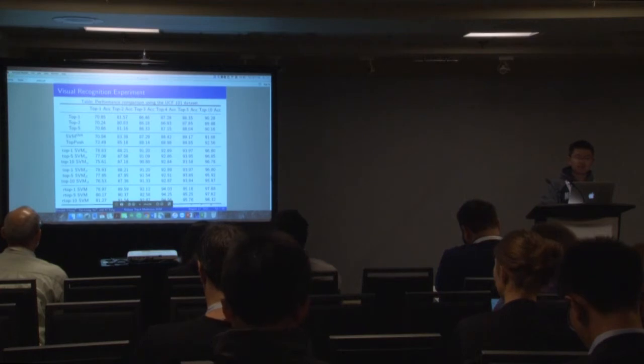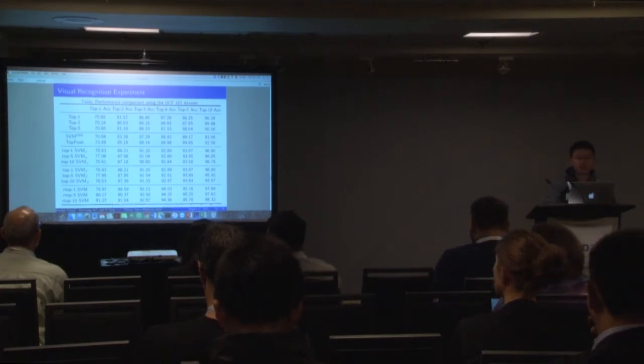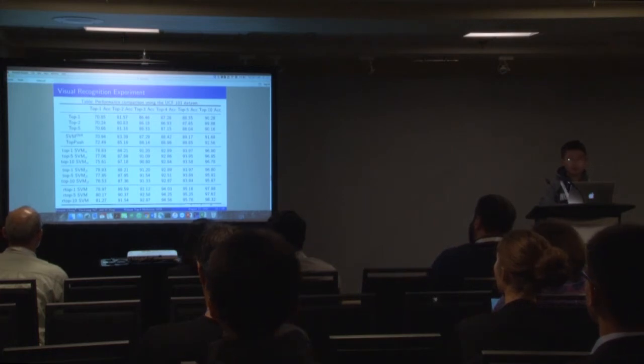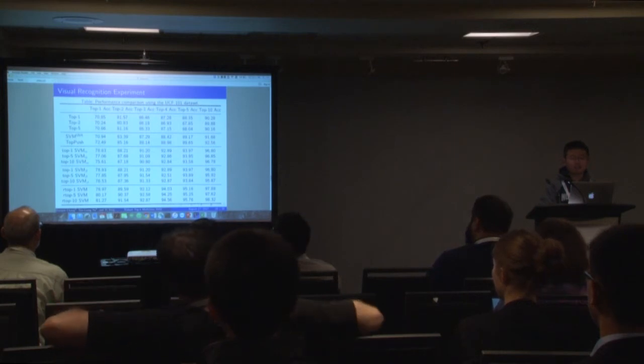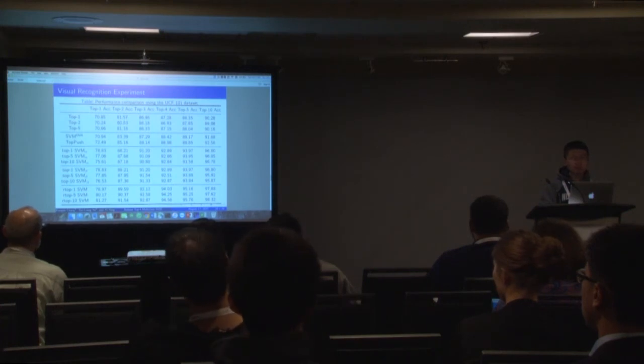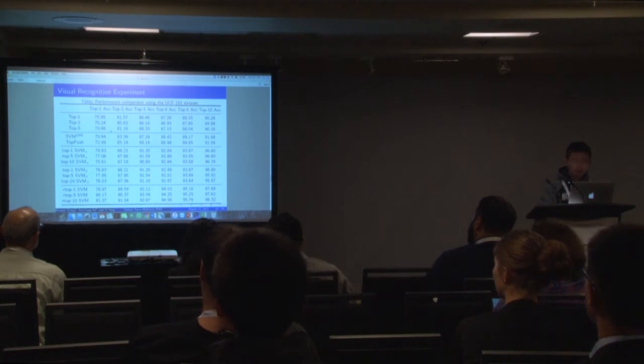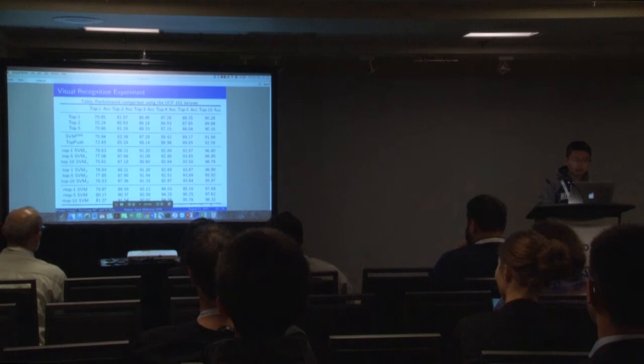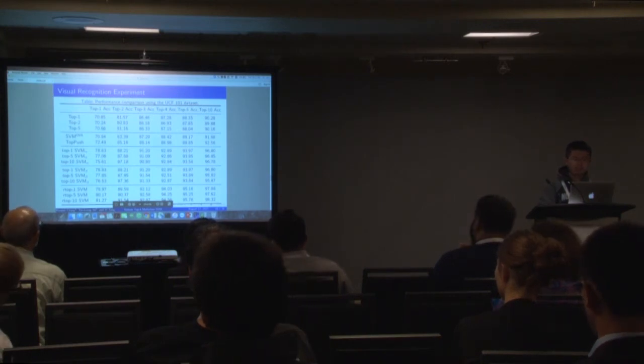These are the experiment results of visual recognition, where top-k accuracy is used as the evaluation metric, and this is top-1 multiclass SVM and top-2 multiclass SVM. From the results, we can see that the proposed robust top-k SVM always outperforms the other compared baselines.